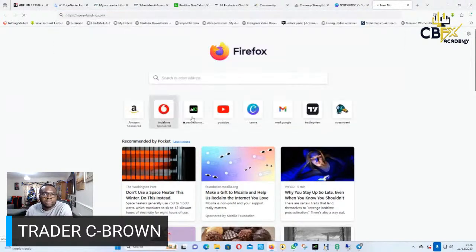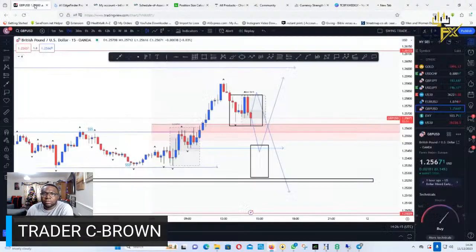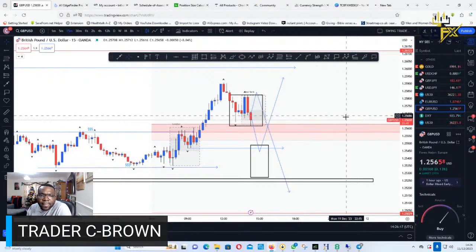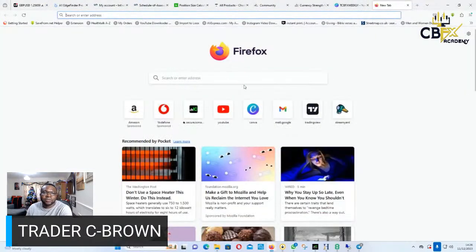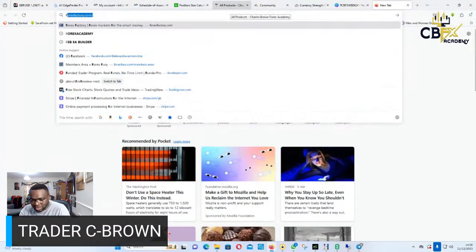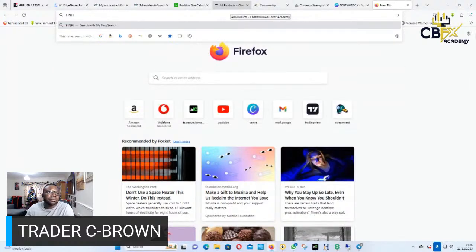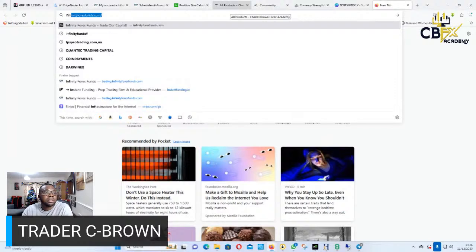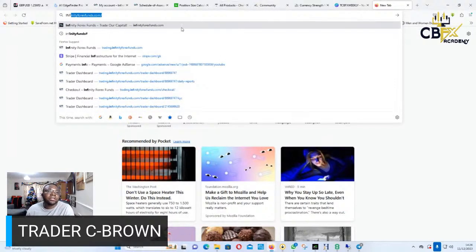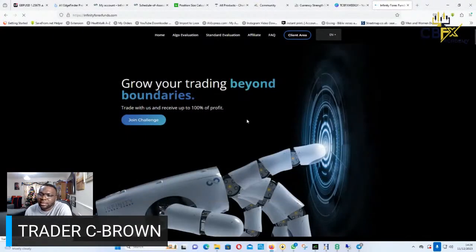Nova Funding. I'm not sure why it's not opening though. Are they down? Let's try some other one. It's called Infinity Forest Funds. All right, this one.